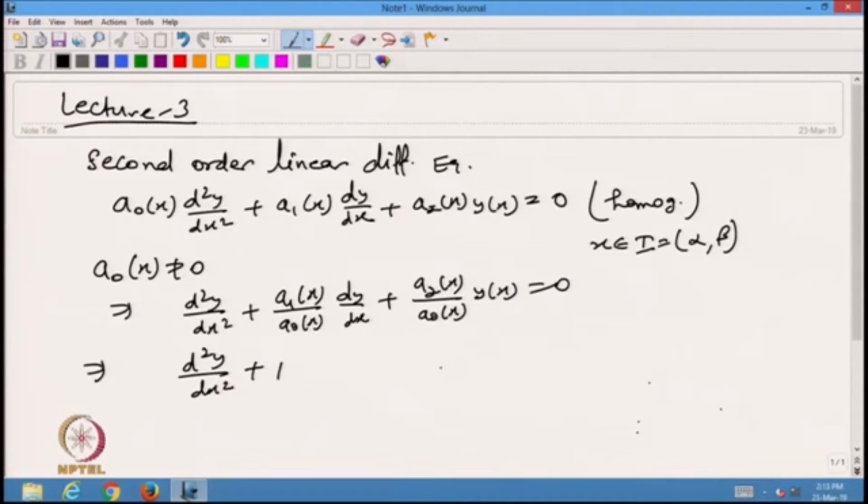I give new names to these coefficients, so that is p(x) dy by dx plus q(x) y equal to 0. This is my equation, I call it 1a.